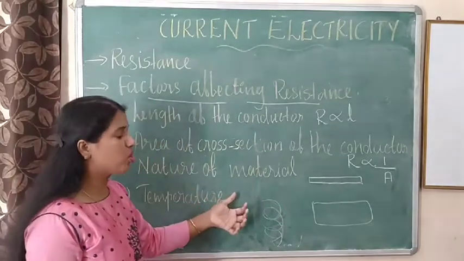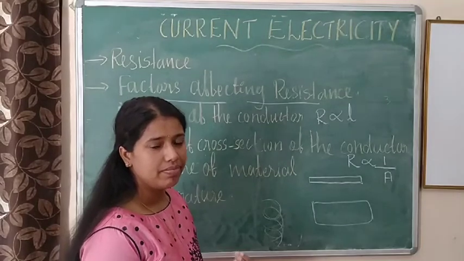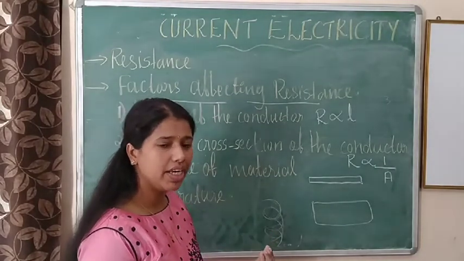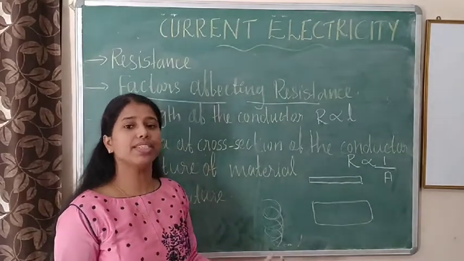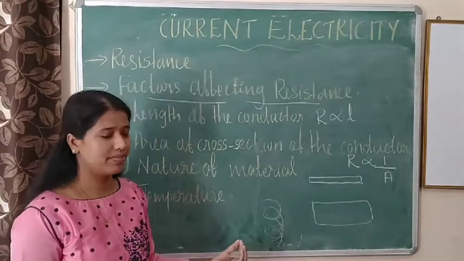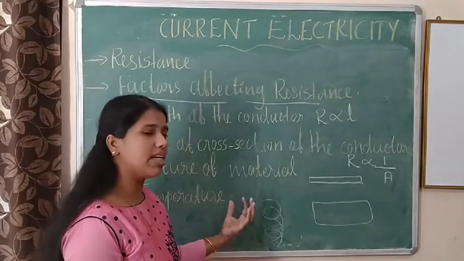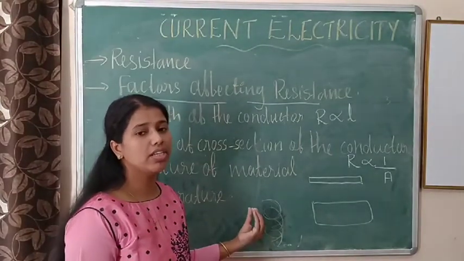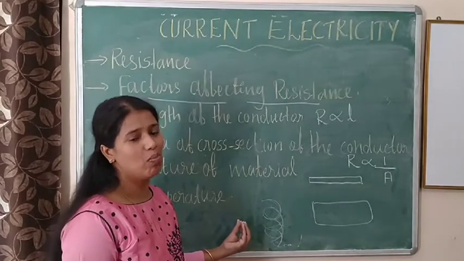Third, nature of material: sometimes resistance increases, sometimes decreases, and most good conductors have less resistance. Last, temperature: more temperature means resistance is more.